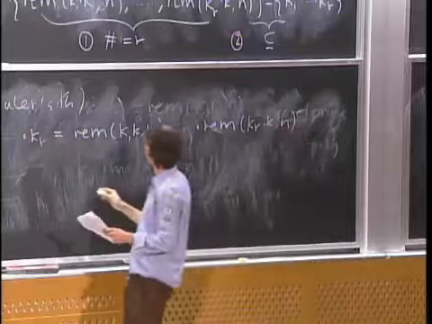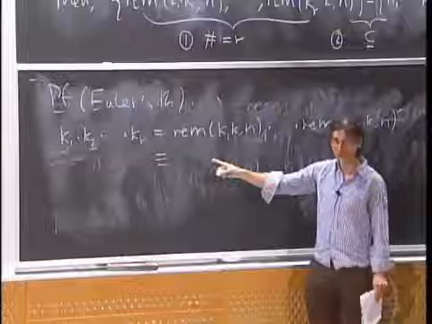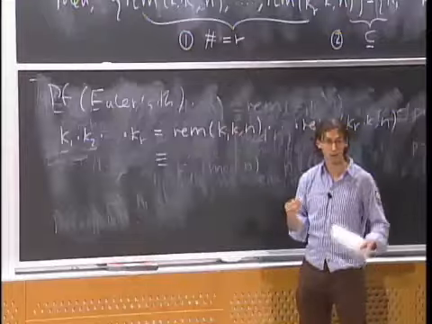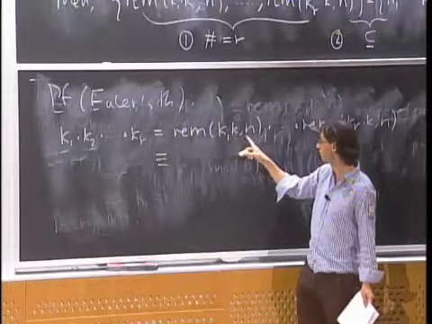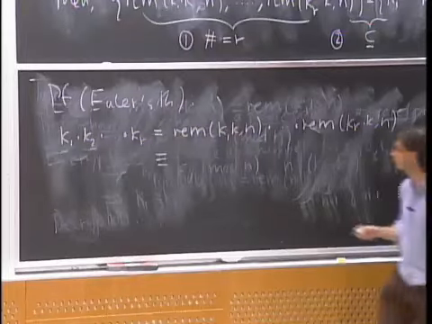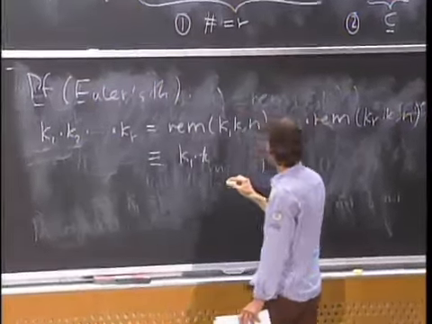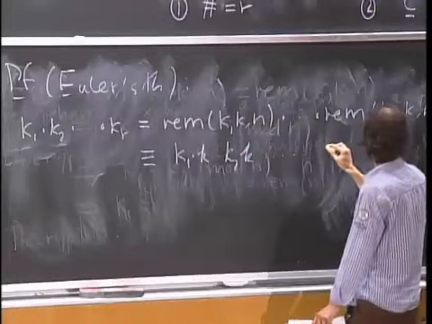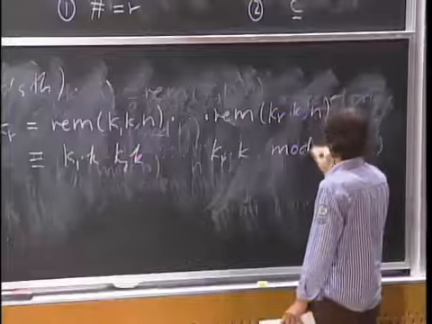So now we can see that we have already shown that each of those remainders is congruent to, in this case, k1 times k modulo n, and this one is congruent to kr times k modulo n. So let's write this out. So it's k1 times k, and then we have k2 times k, and finally we have kr times k modulo n.